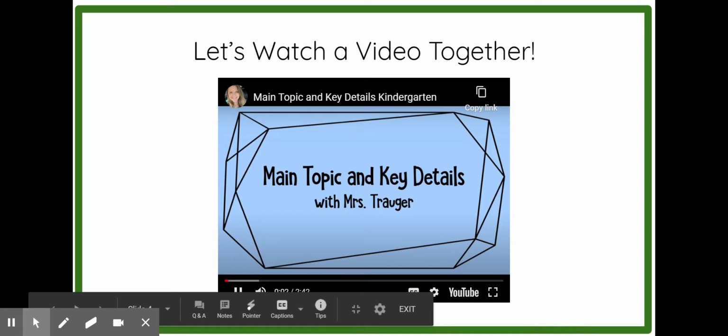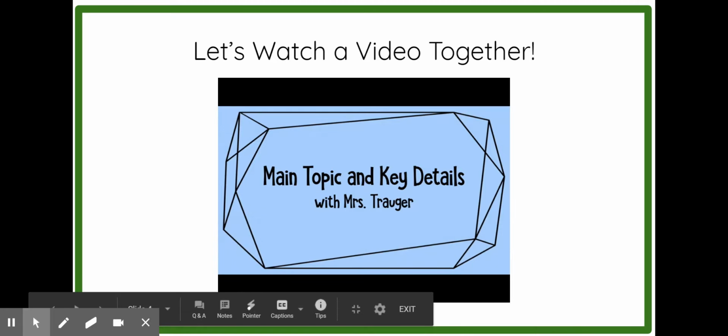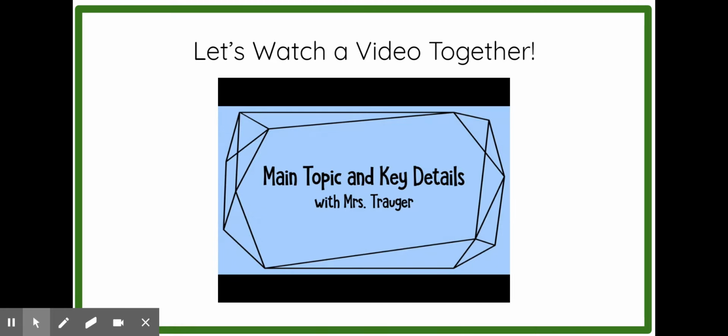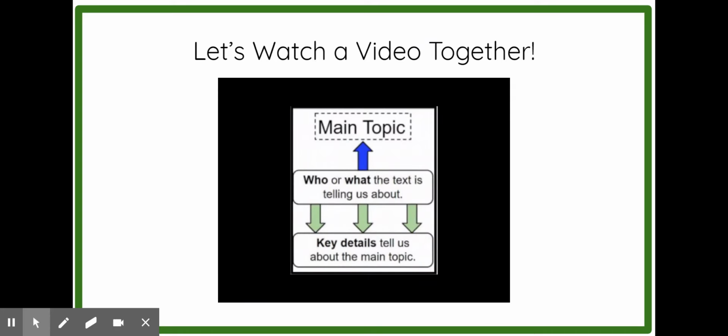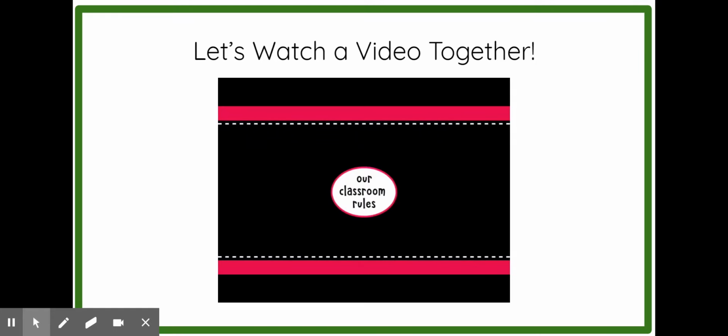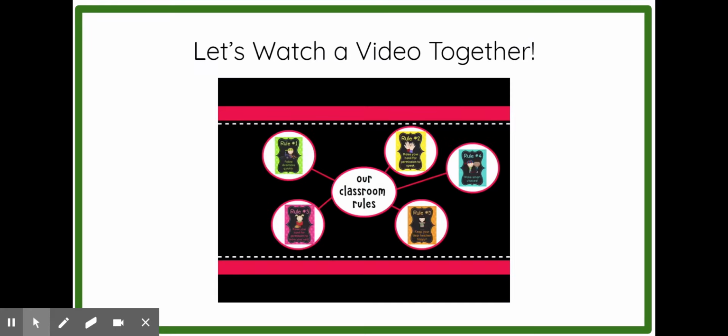Hi, kindergarten. Today we're going to be talking about main topic and key details. The main topic is who or what the text is telling us about. We also have key details in informational or fiction texts. These key details tell us about the main topic as we read. Let's think about an example. If my main topic was our classroom rules, the key details would be all of the different rules in our classroom.